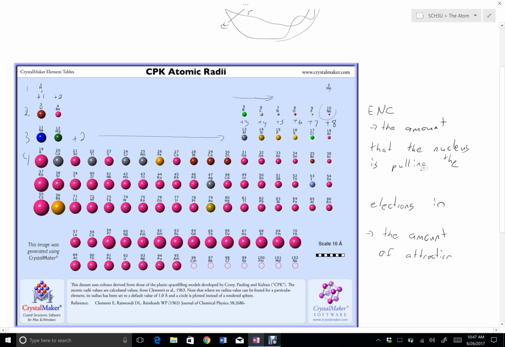So what we can see when we go from left to right is that as the effective nuclear charge is getting higher, the electrons' attraction is getting higher, and as a result they're getting pulled in closer, so the atomic radius is getting smaller.